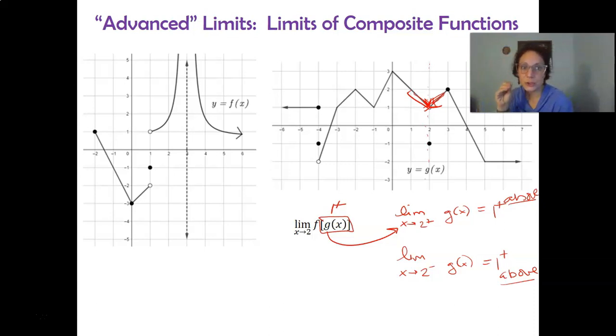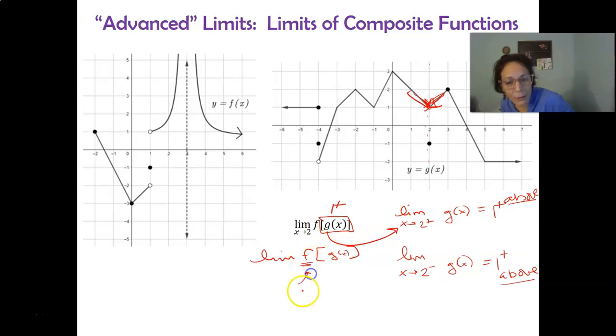So when I come back to the original problem and do the limit of f of g of x, the thing I'm approaching for f now is 1, but only from the positive side, because those are the only values that g of x spits out.